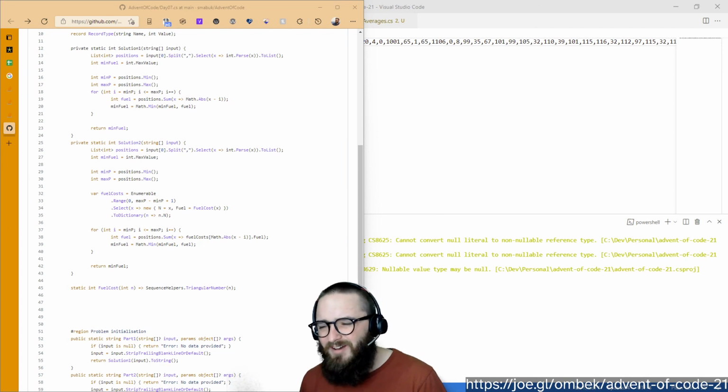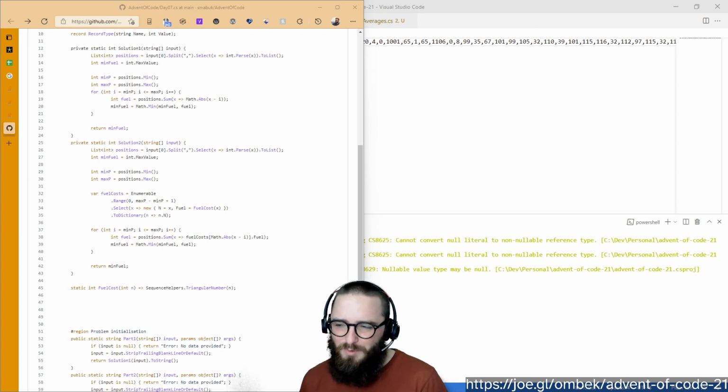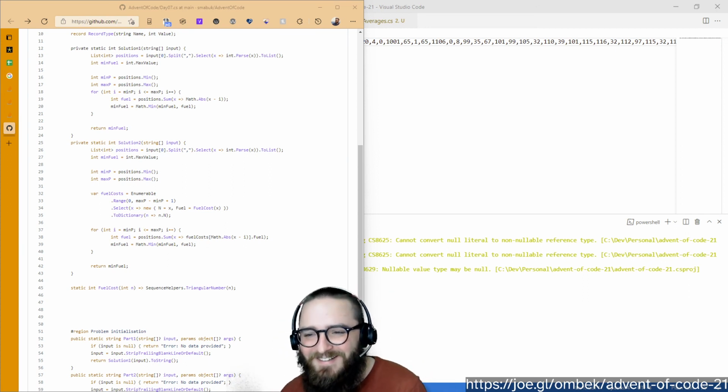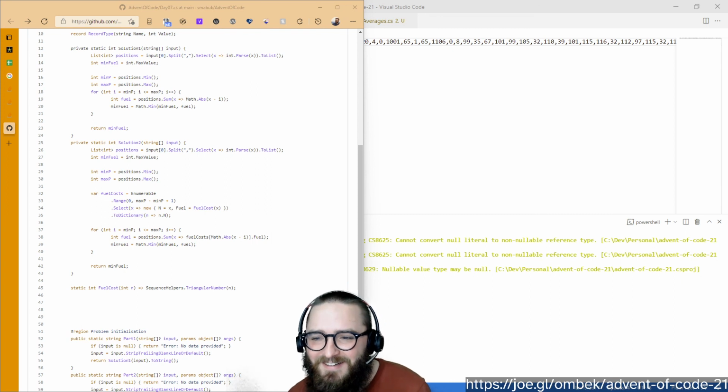I can kind of see why the median would work, but I don't understand why the mode would for the second one. I can't get my head around it. I'll wake up at 2 a.m. with a solution.